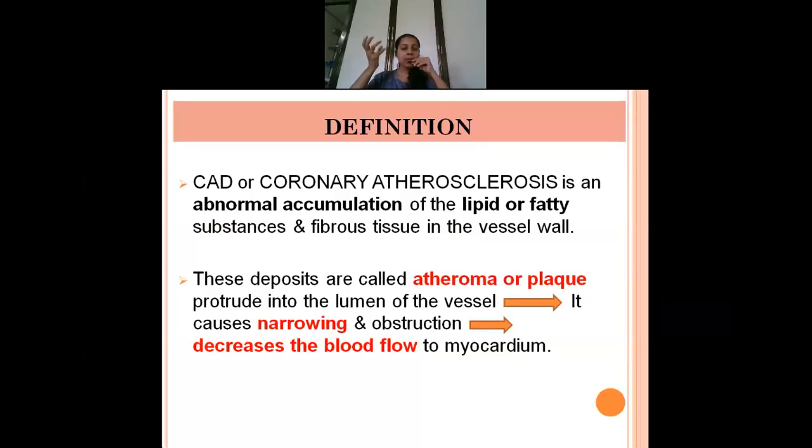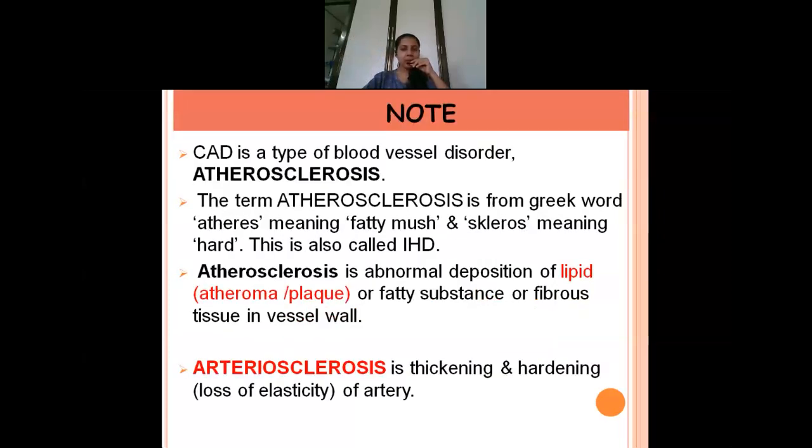Because of the deposition of atheroma or plaque in the blood vessel lumen, as I showed you in the initial slides, there will be narrowing. Narrowing is nothing but an obstruction. Finally, because of the narrowing, there is decreased blood flow to the myocardium, that means decreased oxygen to the myocardium. So always remember, CAD is one of the major blood vessel disorders, and the term atherosclerosis.